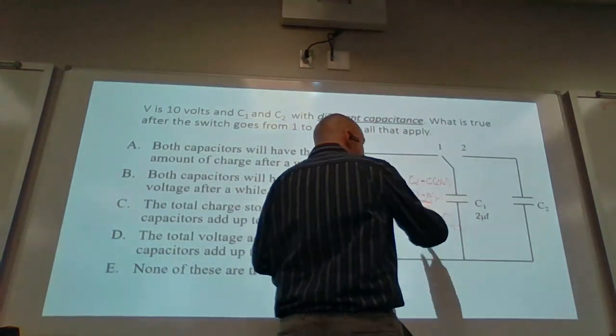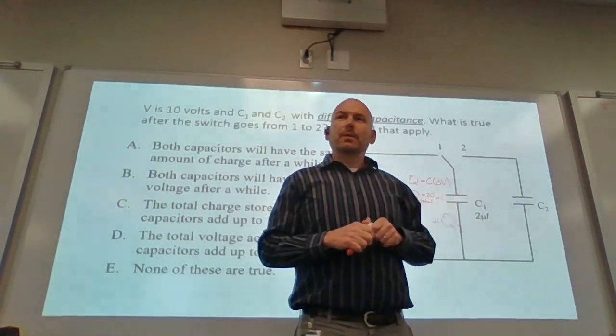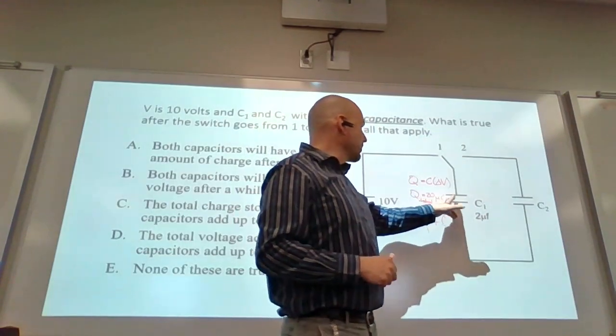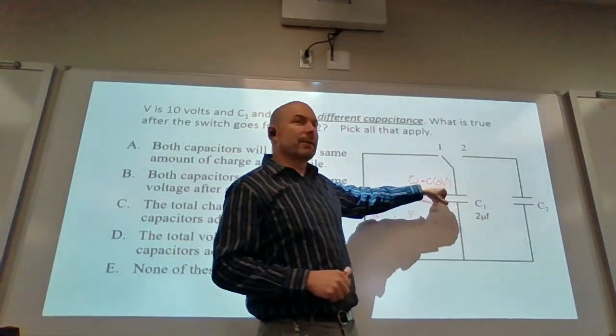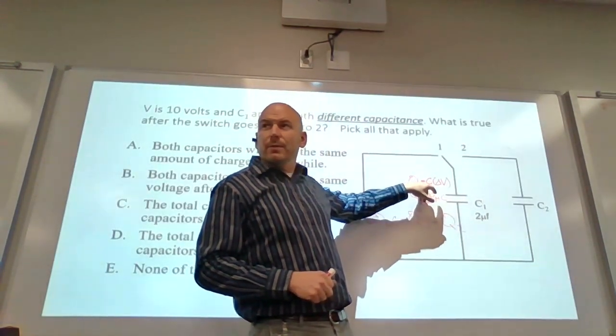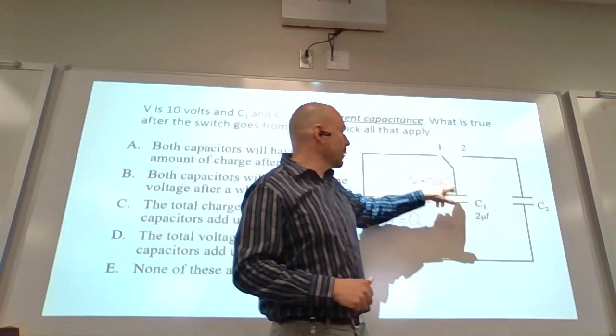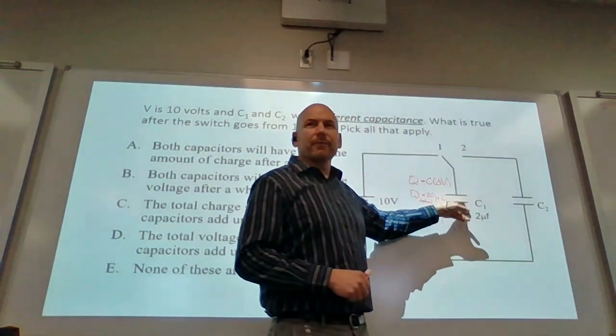This is going to happen until they have the same pressure. As charge leaves here and goes into here, the voltage across that decreases. Does that make sense? As charge comes off this capacitor and goes into that, the voltage across this no longer is 10 volts.